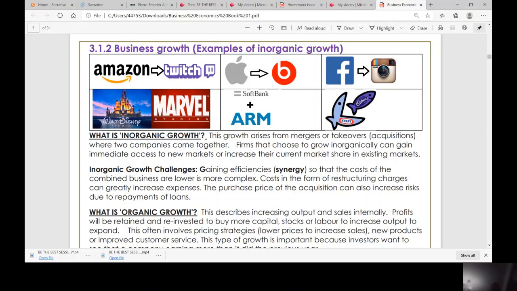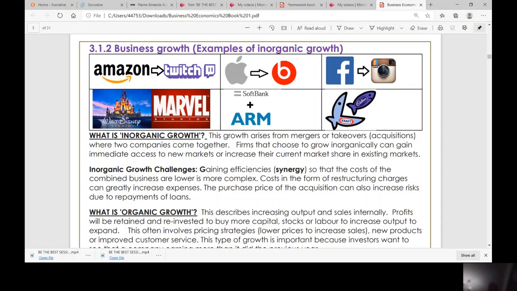So the little examples at the top there, the pictures, you have Amazon buying Twitch, you have Apple buying Beats, you've got Facebook buying Instagram, you have Walt Disney buying up Marvel Studios, SoftBank buying ARM, and Kraft buying up Cadbury's.